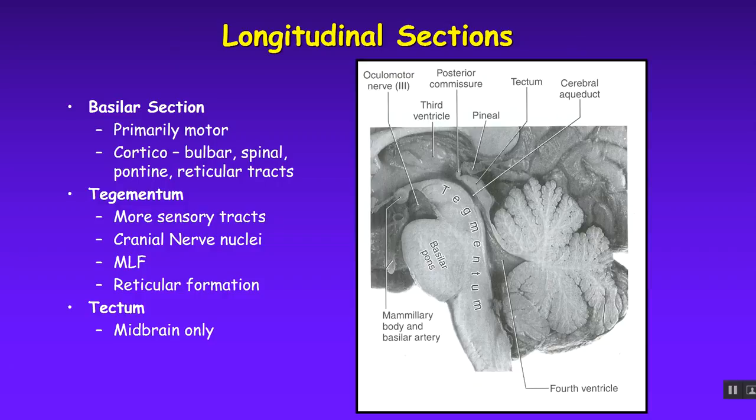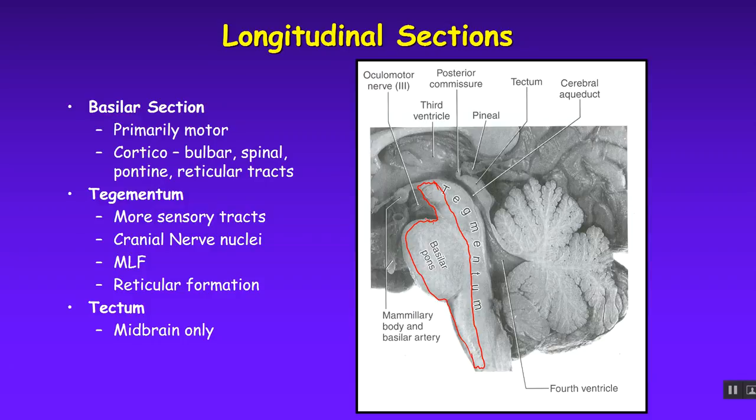We're going to look now at a sagittal section of the brainstem and divide it into longitudinal sections associated with different regions and where different things are. Okay? The front part is called the basilar section. This region right through here is considered the basilar portion of the brainstem.